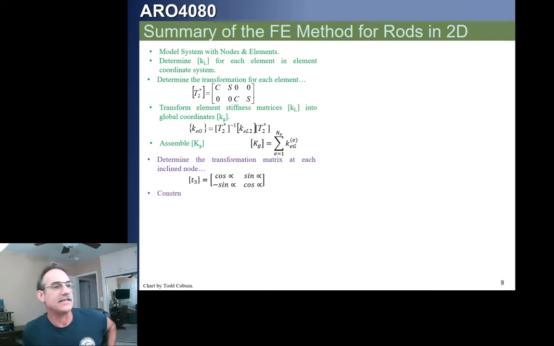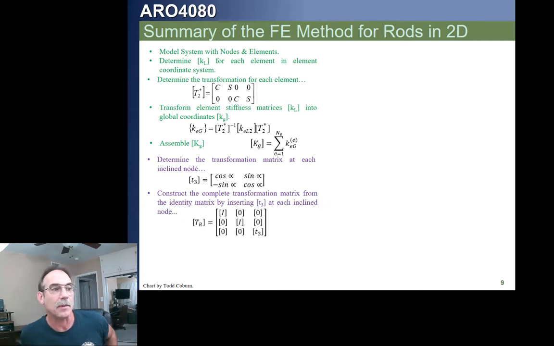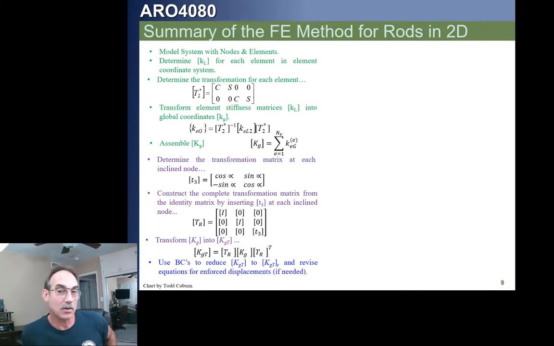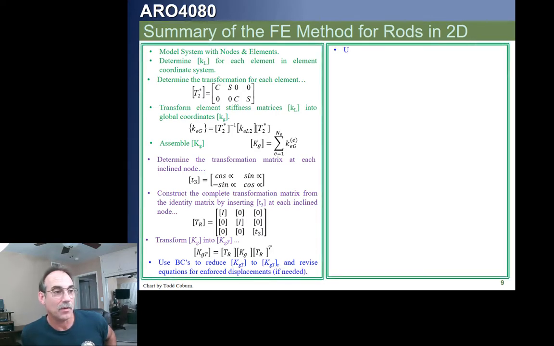And this is what it is. We then construct our complete transformation matrix by combining T1, T2, and T3. Remember, T1 and T2 are both the identity matrix in this case. That gives us TR. We can now transform our global stiffness matrix into a transformed global, and we can impose our boundary conditions. This will become clearer when we get to our example in a moment.